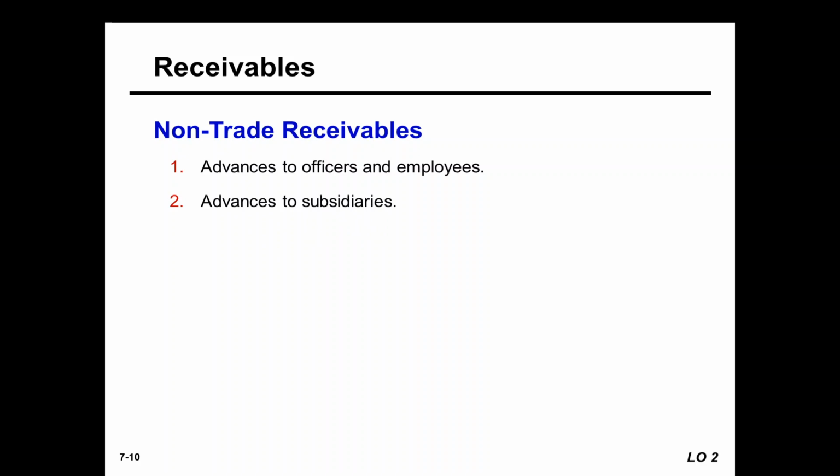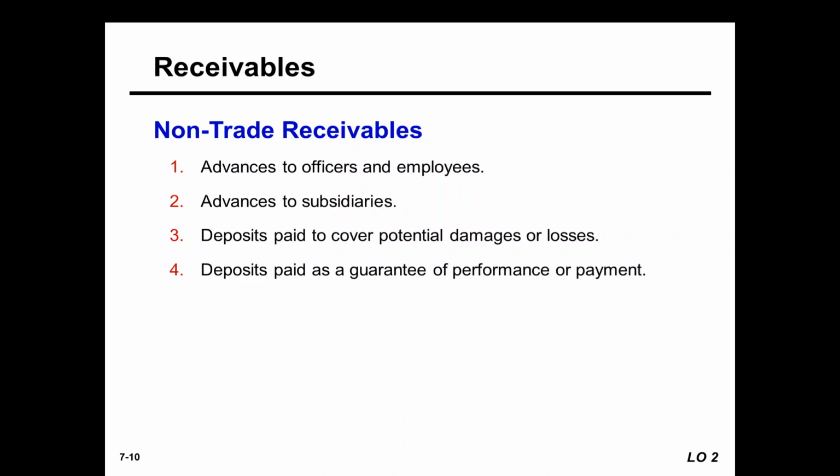And the second one is advances to subsidiaries. It is our receivable from our subsidiaries, and deposits paid to cover potential damage and losses, such as insurance, and then deposits paid as guarantee of performance or payment.